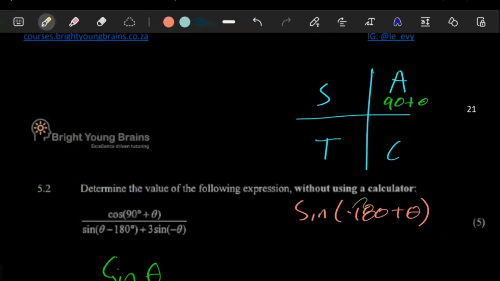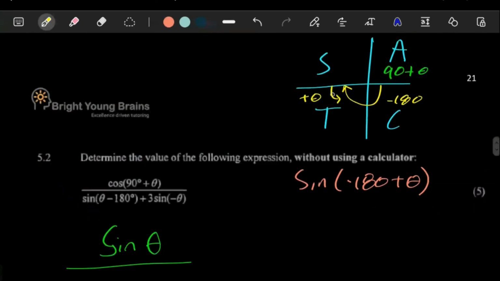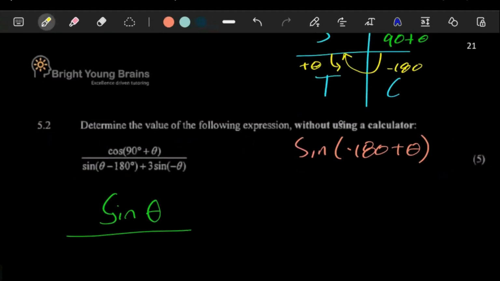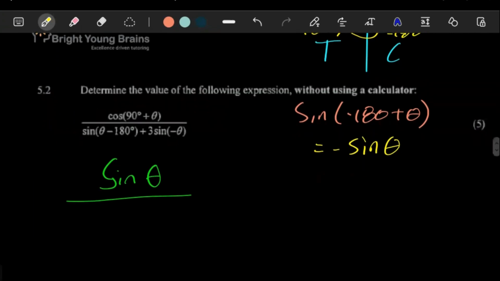So negative 180 means you go clockwise like that. The moment you plus, you come back like that. So this is the same as negative sine theta, because in this quadrant sine is negative, and you're dealing with 180, so sine remains a sine. So this is negative sine theta.